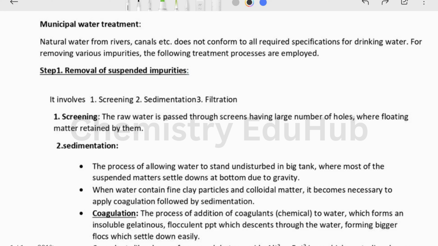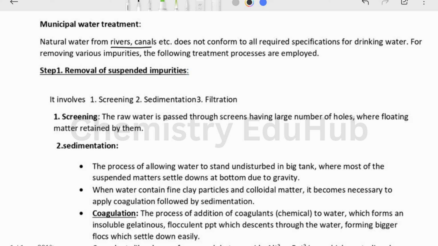The water that we get every day in our houses is generally the natural water that is obtained from rivers and canals, but we cannot get it directly from the canals or rivers individually. So what does the government do?